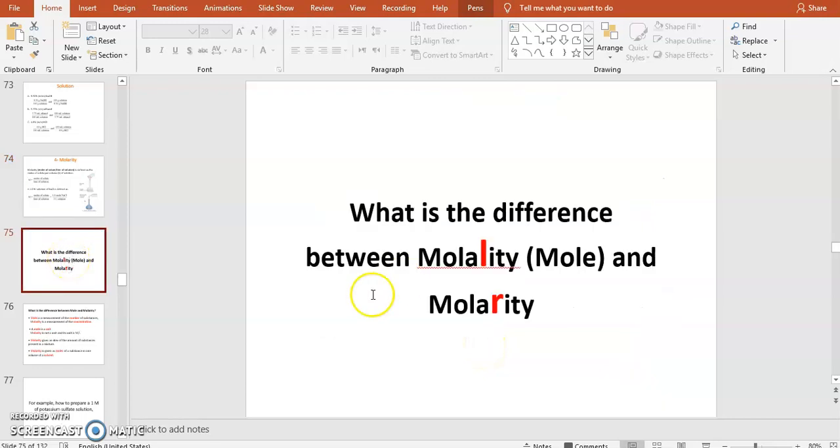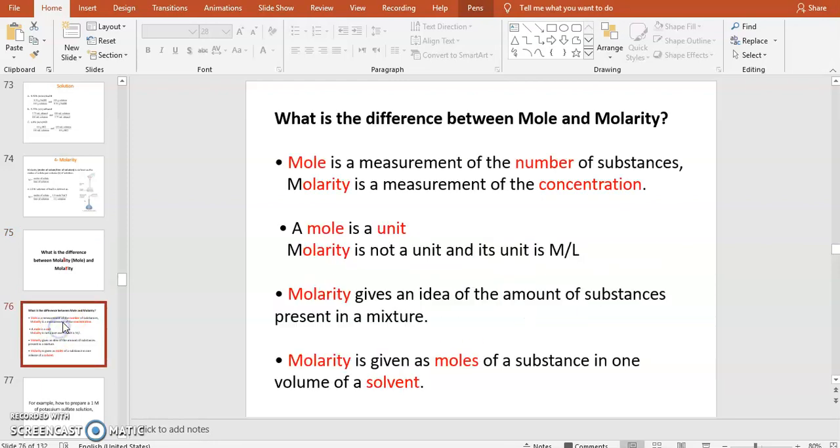But what is the difference between mole and molarity that we're discussing now? Mole is the measurement of the number of substance. Molarity is a measurement of the concentration. So mole is a unit.